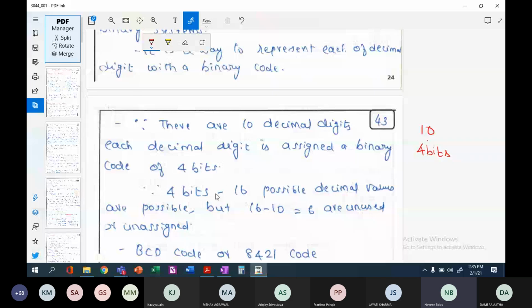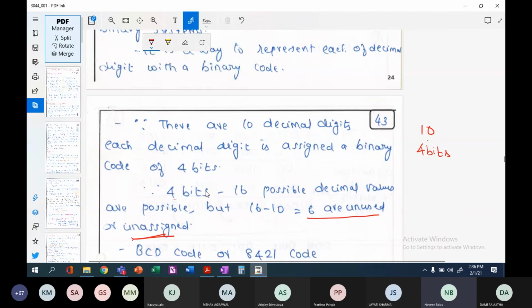But 4 bits in binary corresponds to 16 possible values, while we have only 10 decimal digits. So 16 minus 10, there are 6 unused or unassigned codes available in BCD code.